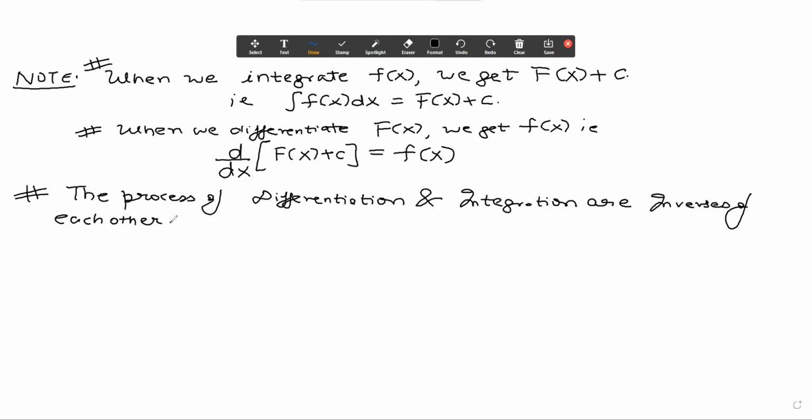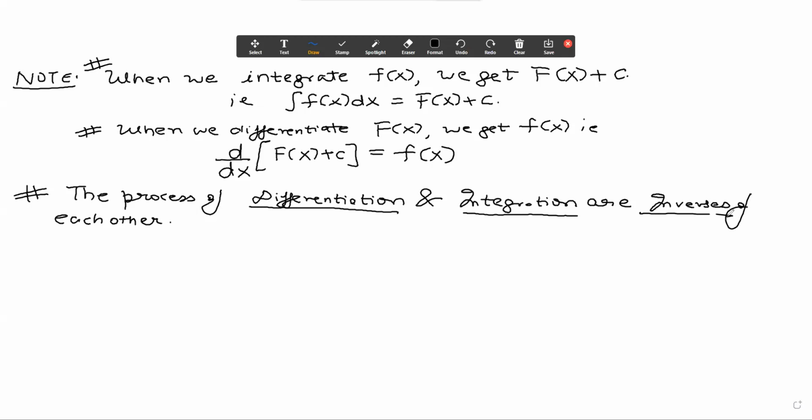Because when you integrate small f of x, you get capital F of x plus C. When you differentiate capital F of x plus C, you get back the function small f of x. So the processes of differentiation and integration are inverses of each other.